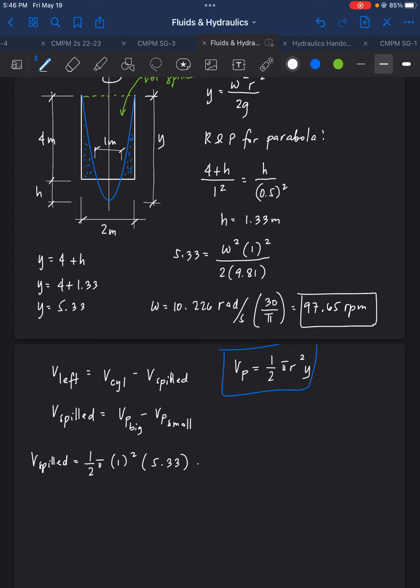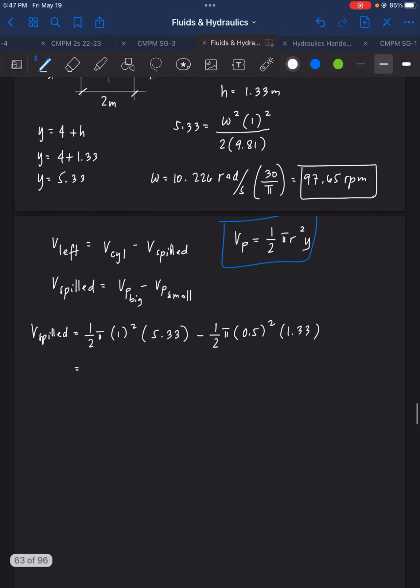Minus the smaller parabola, 1/2 pi, the radius is 0.5 squared, and the height of the smaller parabola is h, that is 1.33.